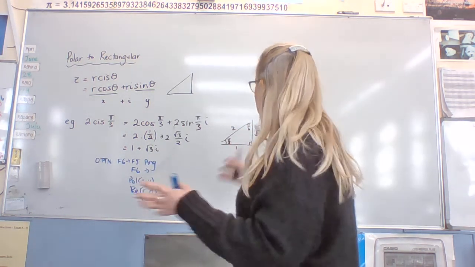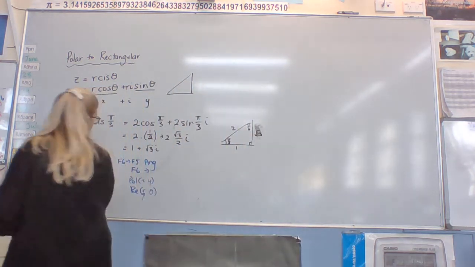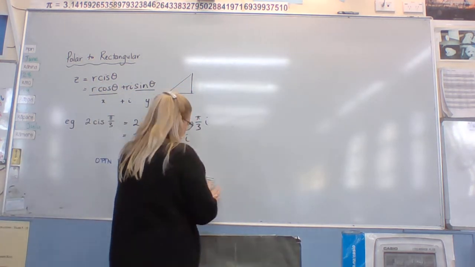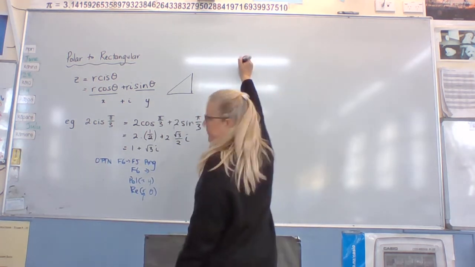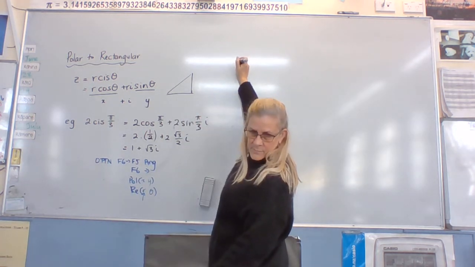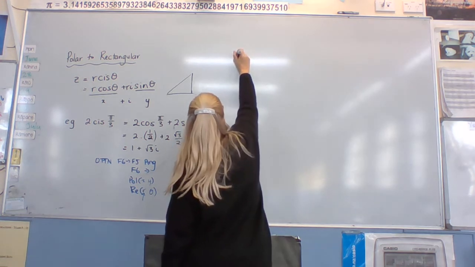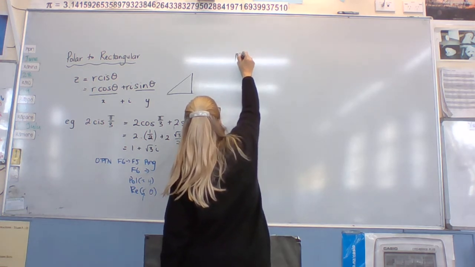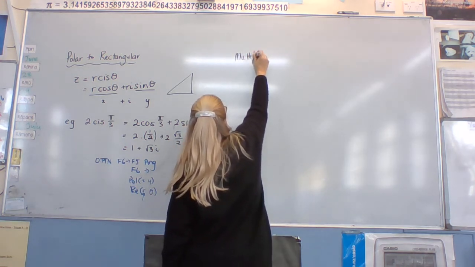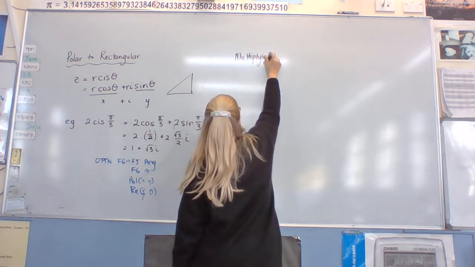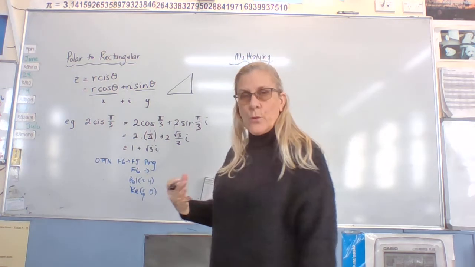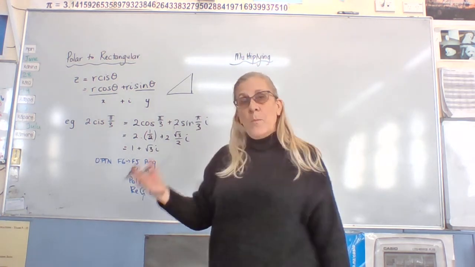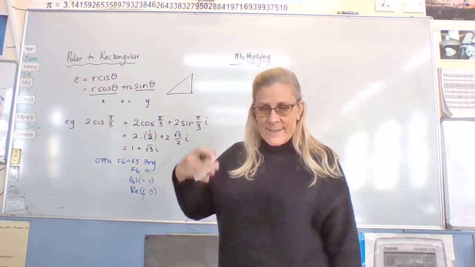All right, so what else do we need to do with these? Multiplying and dividing. Let's start with multiplying. We're finding the product of two, this time, polar complex numbers.